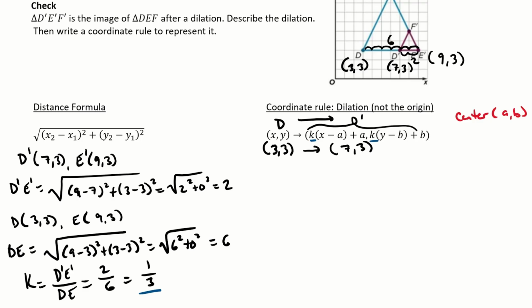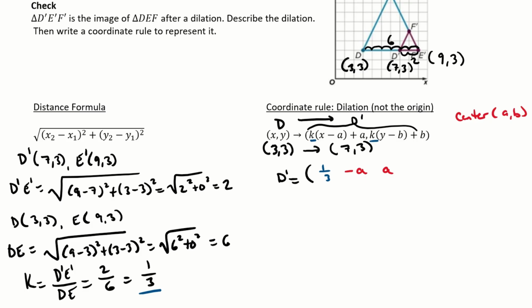All right. So let's start. I'm just going to do this part right here, the k times x minus a part. So we said D prime is equal to k, and k is 1/3, times x minus a plus a.